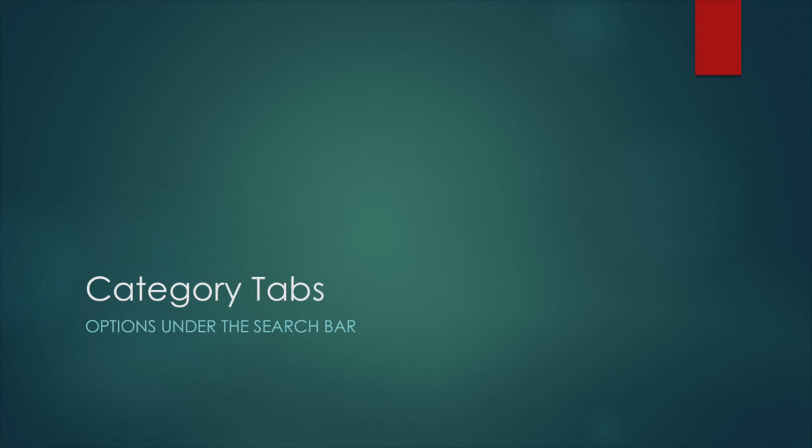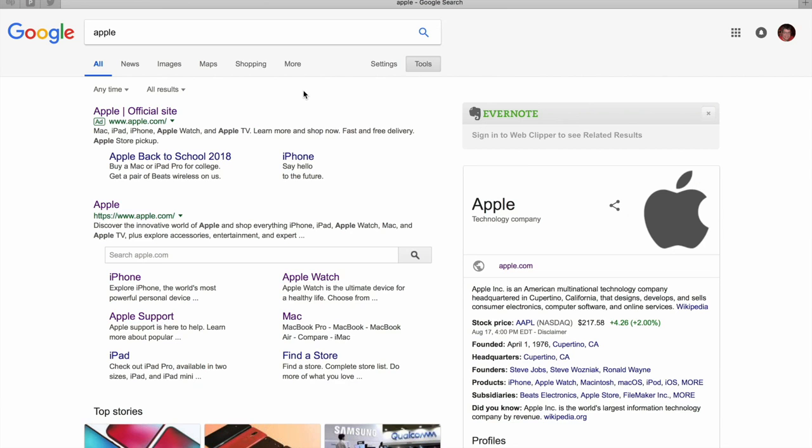Next, let's look at another way of filtering your results by category. You may have noticed that above the tools we were just looking at are a variety of tabs. These are categories that can help you narrow your search. So far, we've been seeing all. Let's look at some examples of the others.